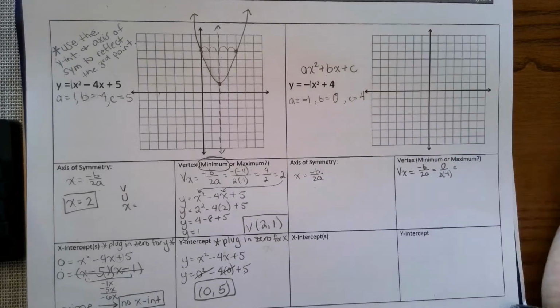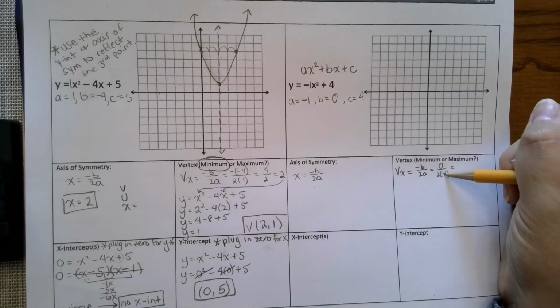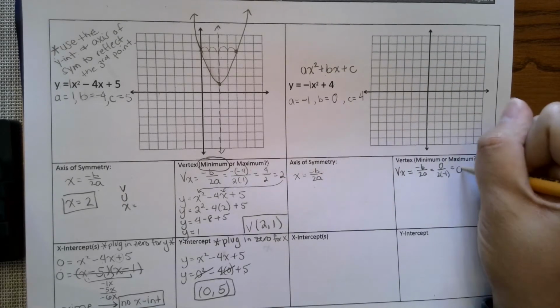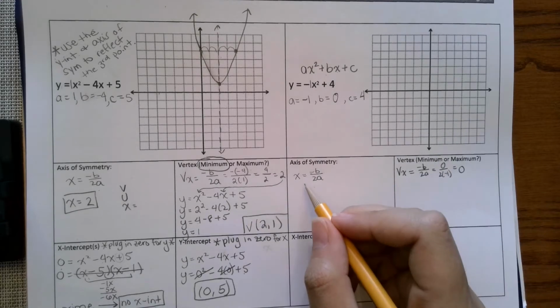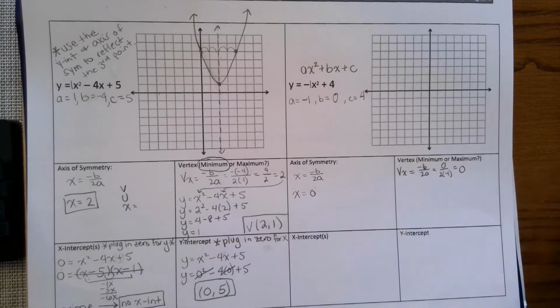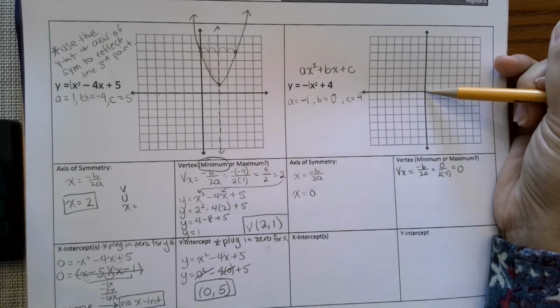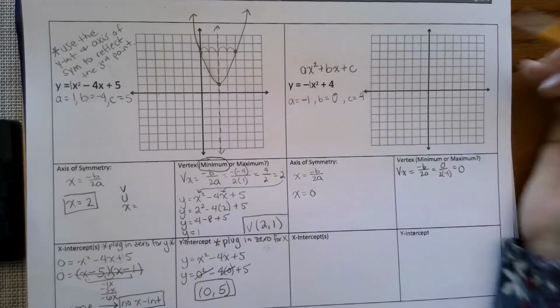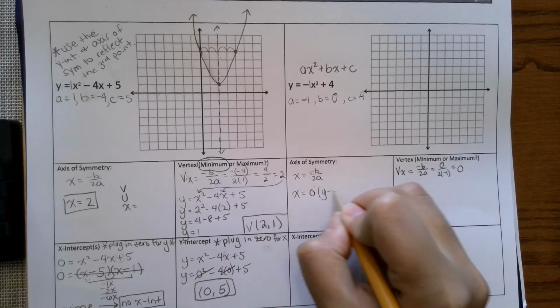It doesn't matter what's in the denominator. 0 over any number would end up just giving us 0. So our axis of symmetry is when x equals 0. So when x equals 0, we're here. The vertical line when x equals 0 is also known as the y-axis.